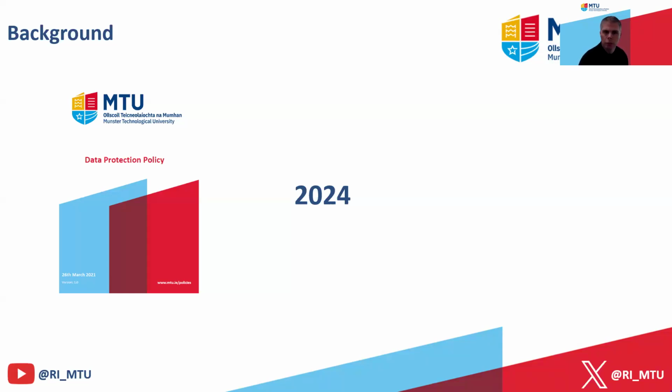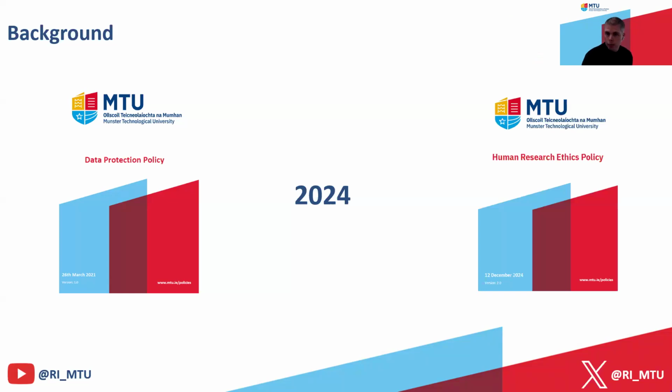So for most of the calendar year of 2024, in the Human Research Ethics Committee, we were signposting or encouraging researchers to complete a data protection impact assessment screening checklist at the very least as part of the application process, but it wasn't required until December 24.